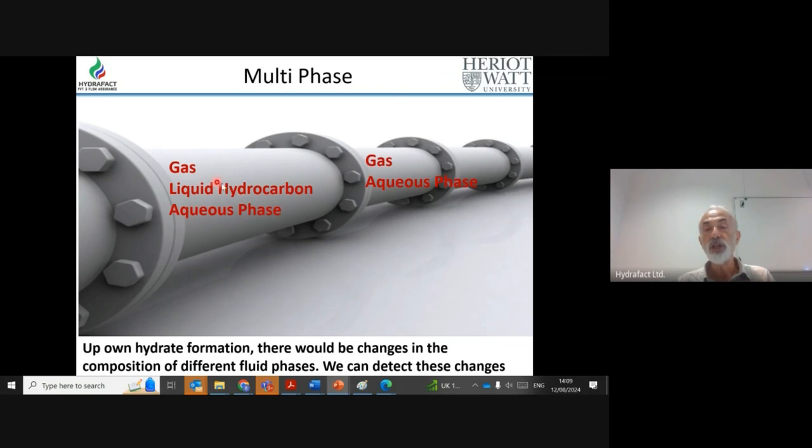There will be some changes in the liquid hydrocarbon phase, but the gas phase loses a lot of intermediate gases. If you have 2 phases, gas and aqueous phase, again the same thing will happen. We can detect the changes in aqueous phase and gas phase.